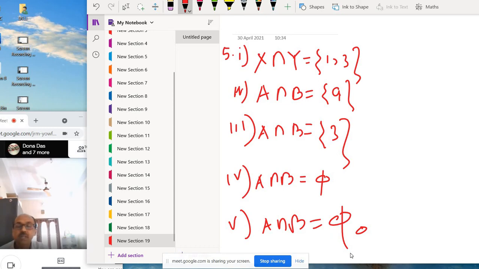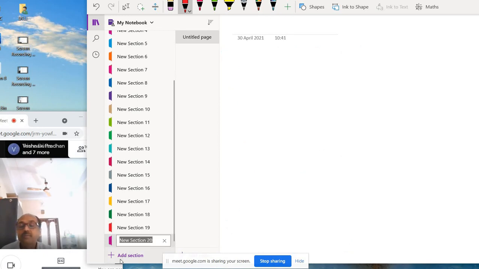The next question, number 6. A set is given as 3, 5, 7, 9, 11. B is 7, 9, 11, 13. C is 11, 13, 15.